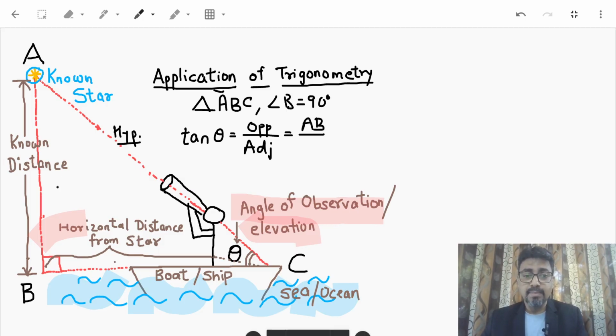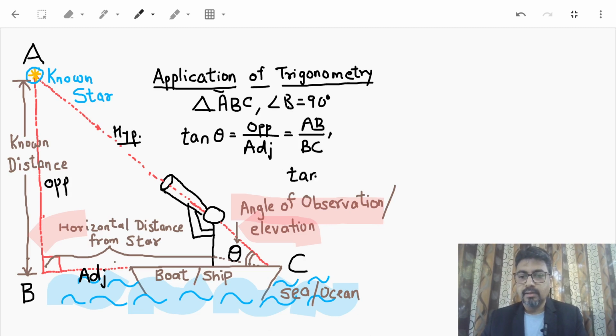So if AB is the opposite side and AC is the hypotenuse, what will be the adjacent side? It will be BC, the side at the bottom. So tan theta will be AB upon BC. I write it down here again: tan theta is equal to AB upon BC.